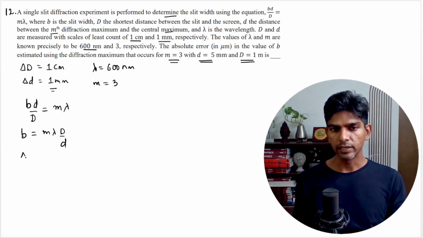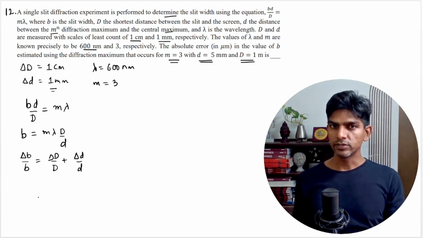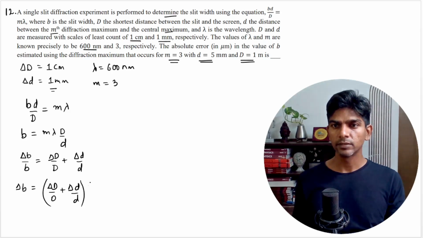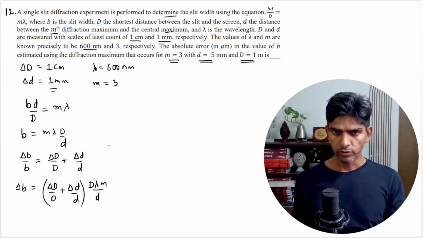So we can say delta b by b is equal to delta D by D plus delta small d by d, right? So if I use this relation, delta b will be delta D by D plus delta small d by small d multiplied with b, and b is m lambda D by small d, right? So let us substitute the values.